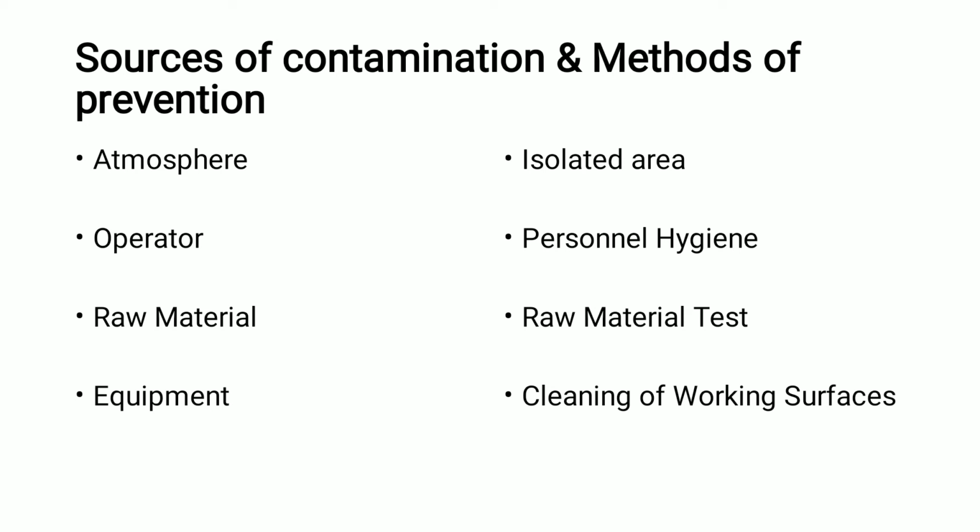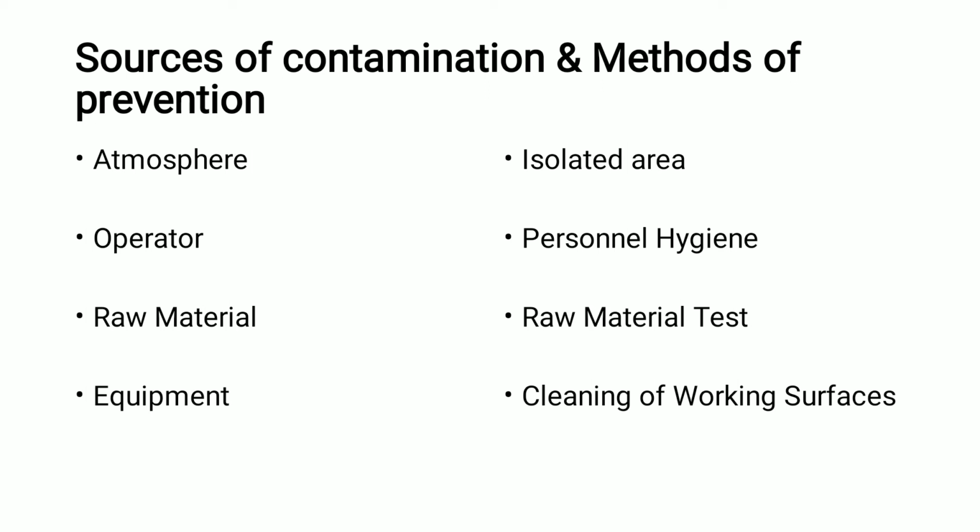The second main important source, without which the operation cannot be fulfilled, is the operator. That means a person who is actually going to work in that particular aseptic room. That person may become a source of contamination in certain cases.